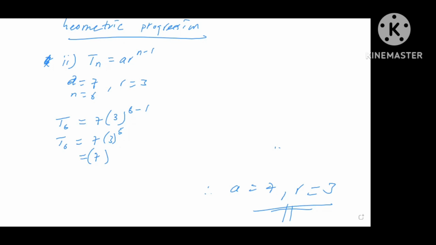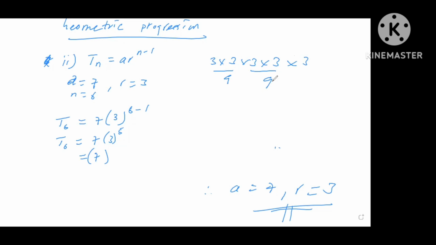Are you sure? Okay, so it will be 3 times 3 times 3 times 3 times 3. So I've got 5 threes. Here I've got 9, here you've got 9. So what is 9 times 9? 81.